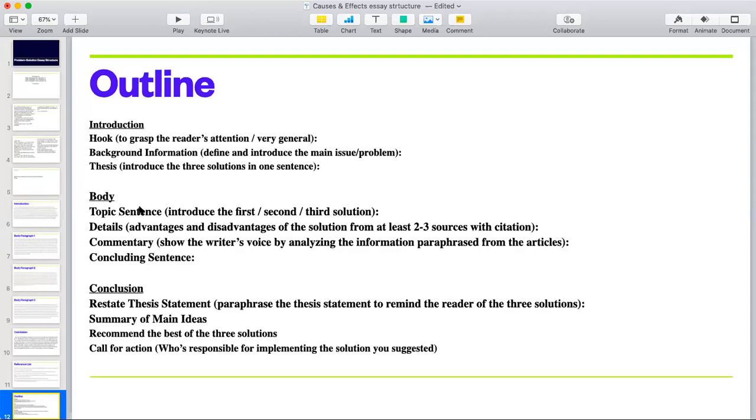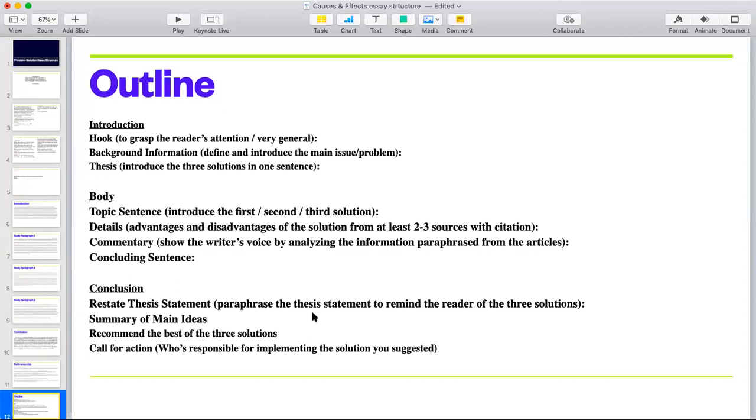So each paragraph is like a sandwich. It starts with a topic sentence and ends with a concluding sentence. Then we have the conclusion: restate the thesis statement, paraphrase the thesis statement to remind the reader of the 3 solutions, summary of the main ideas, recommend the best of the 3 solutions, and a call for action.